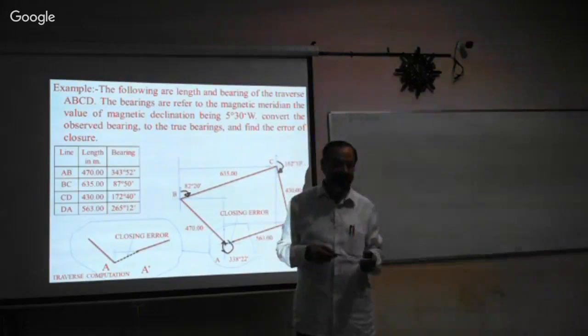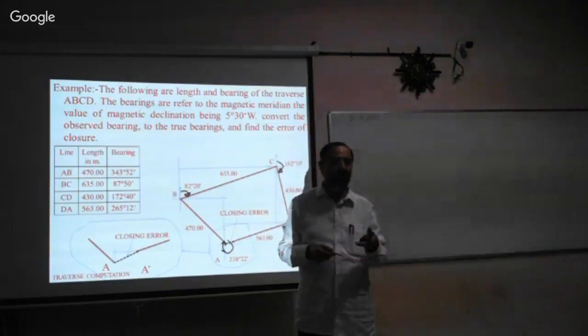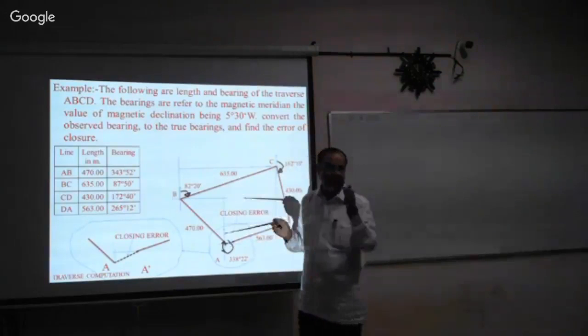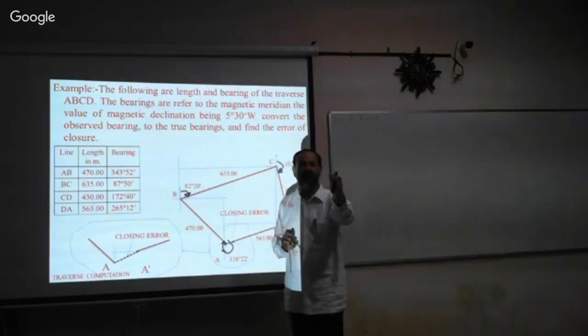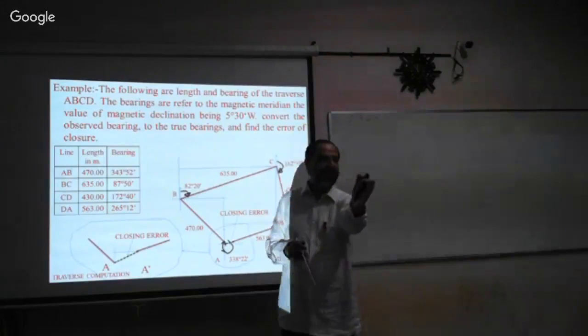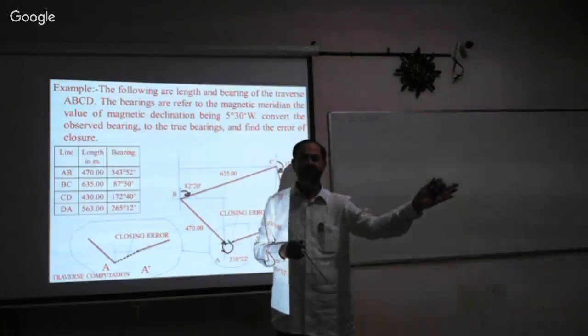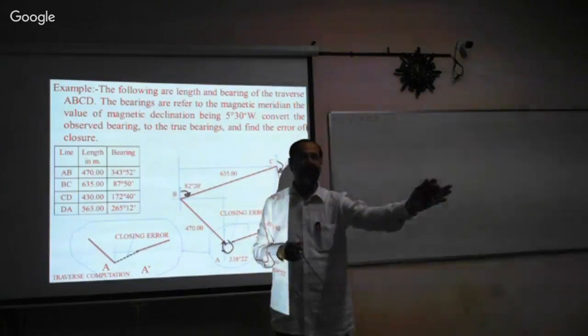Understood? Got it? Need to explain again? The magnetic declination. The needle is not reading exactly the true north. The needle is behind by 5 degree 30 minutes, and now it is lying in this direction.